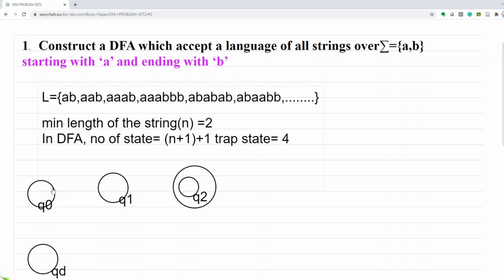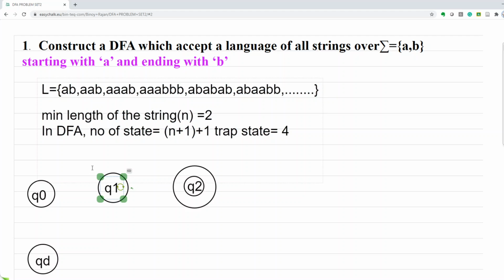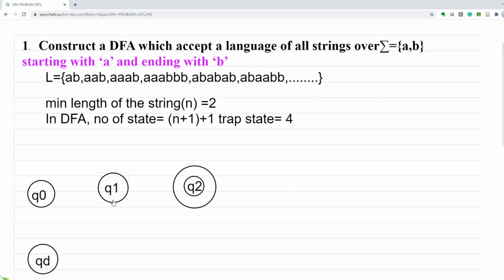So let's arrange. This is the Q0 state, Q1 state, and Q2 final state, and let it be the QT state. Now let's draw the transition diagram.